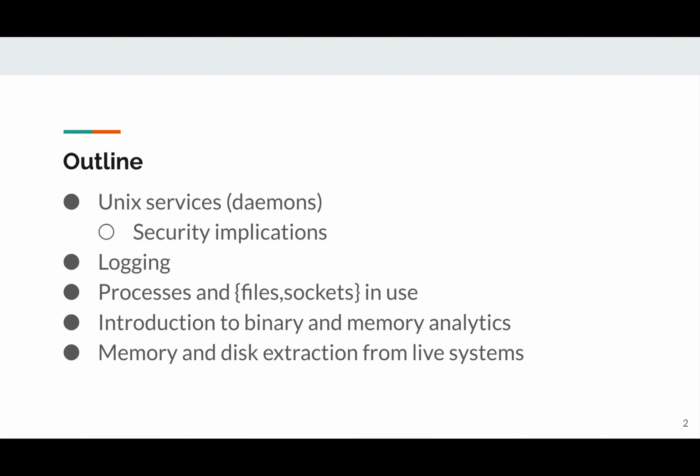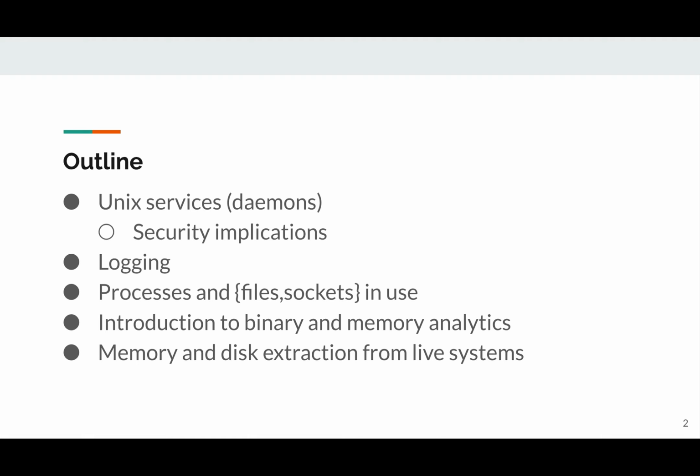we're going to talk about certain services, special processes that serve requests from users or other programs, and these processes, if they are hacked, it has security implications because they are, as I said, privileged. These processes also log data in certain parts of the system, and we're going to learn where they are and how to examine them.